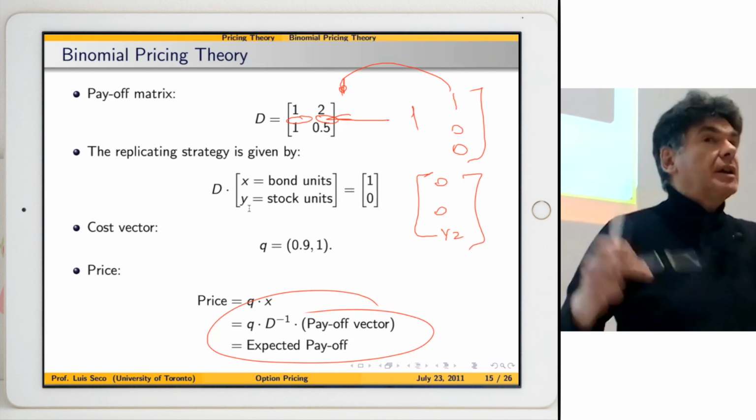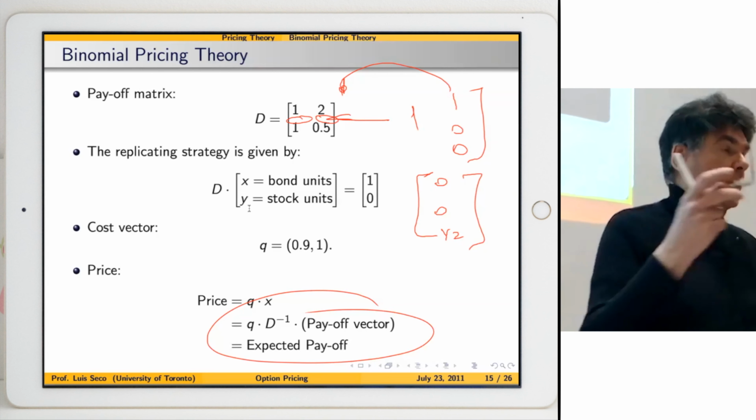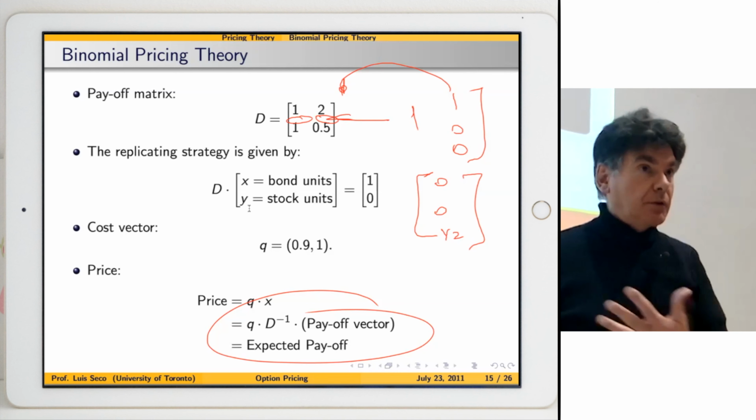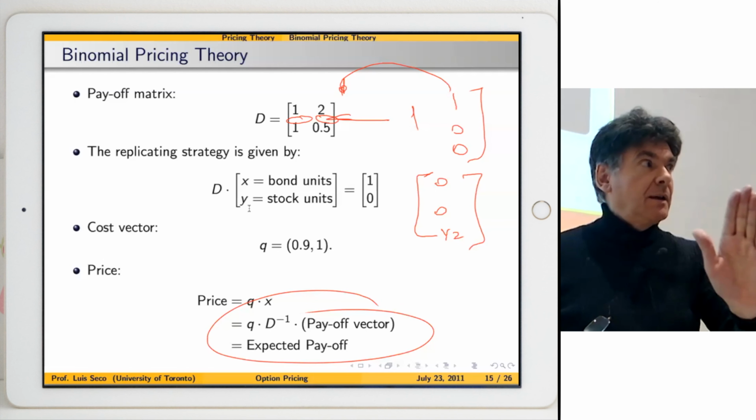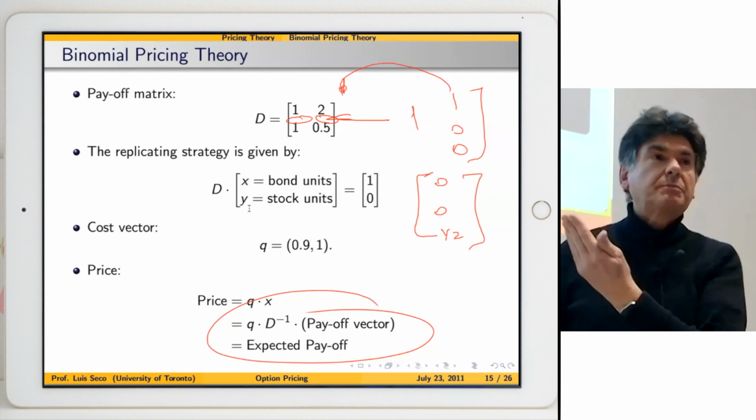There's a hierarchy in finance. An option is called a derivative on an underlying asset. That's the stock in our case, okay? But from this perspective, we don't care.